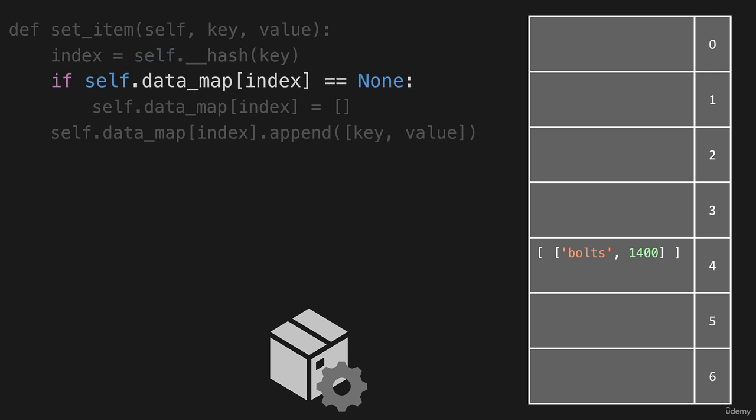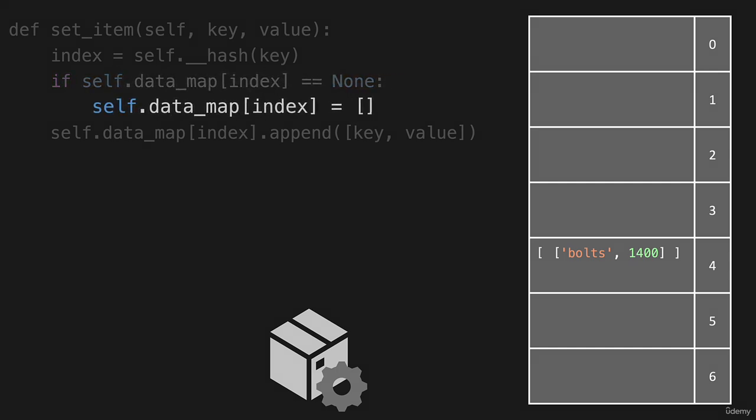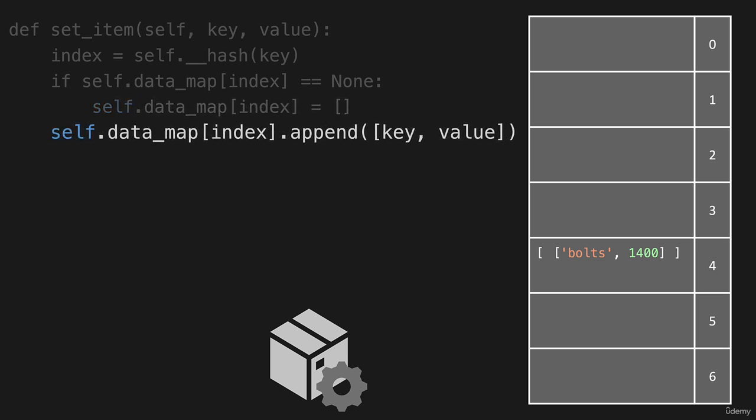But this if statement, now at the index of 4, it is not equal to none, which means we are not going to create this empty list because it's already been created. Then the next step is we're going to append that key value pair. In this case, this is going to be washers with a quantity of 50, and that goes right in there.